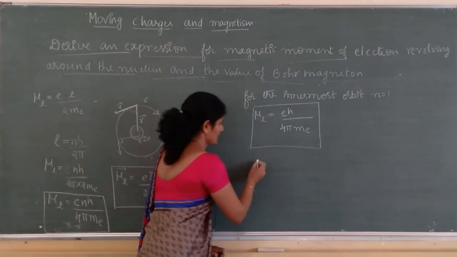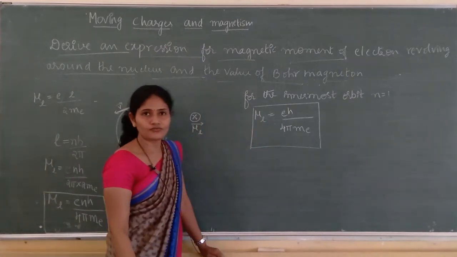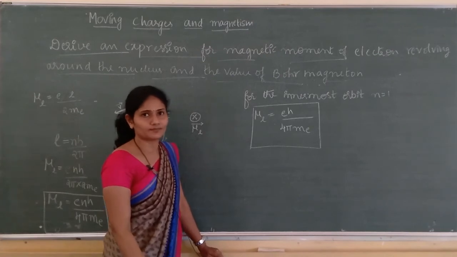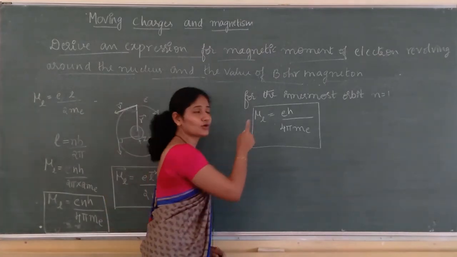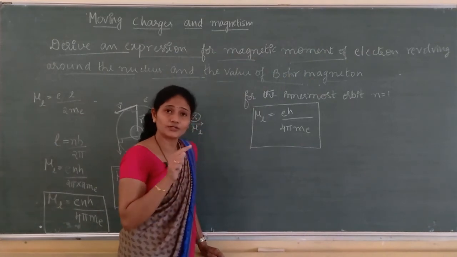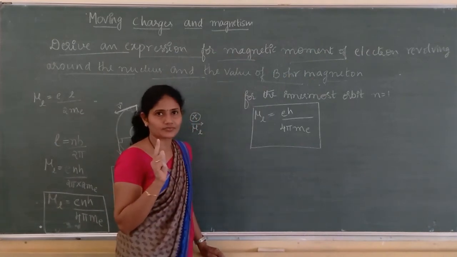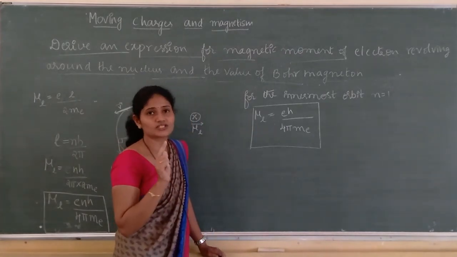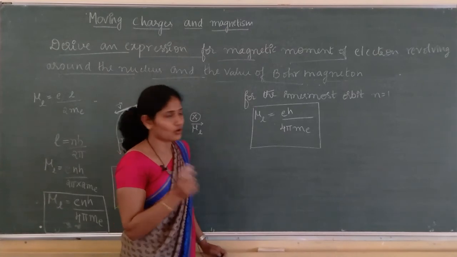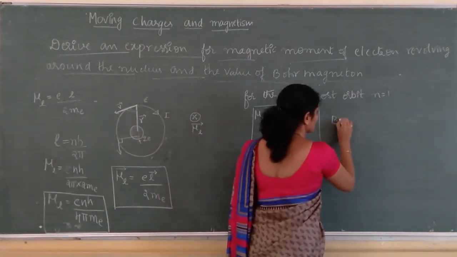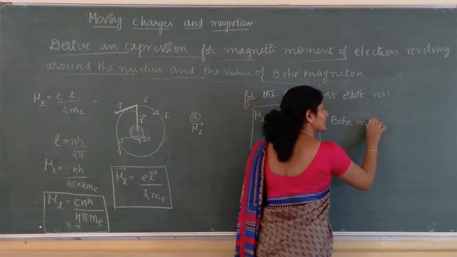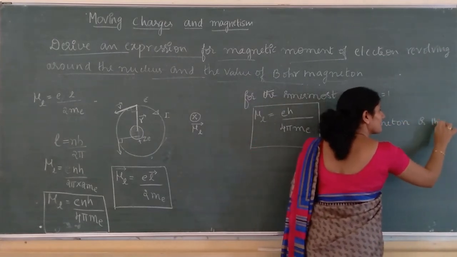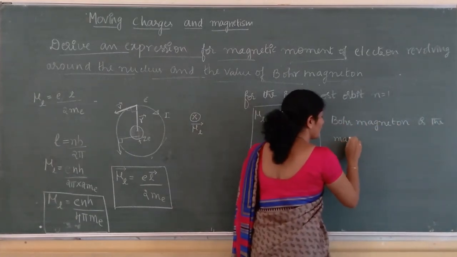So, the magnetic moment of the innermost orbit is called Bohr magneton.